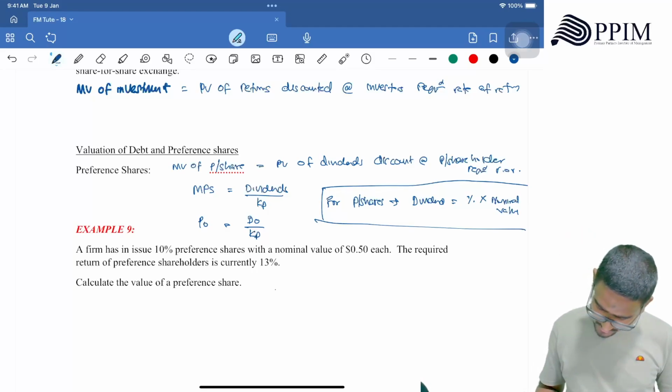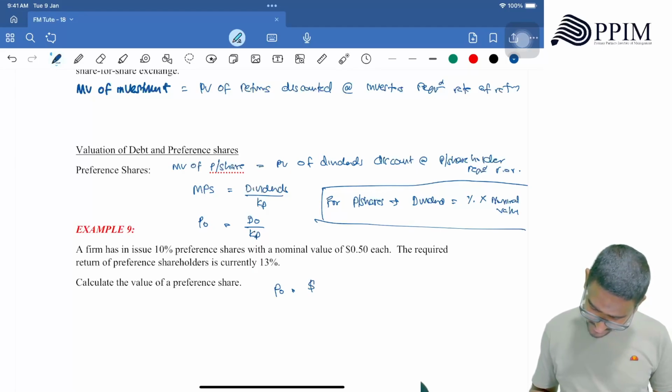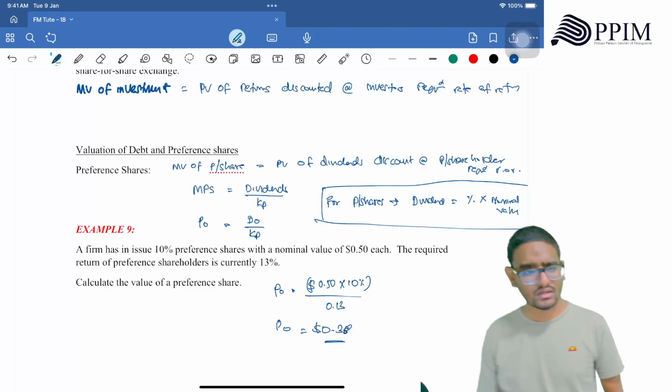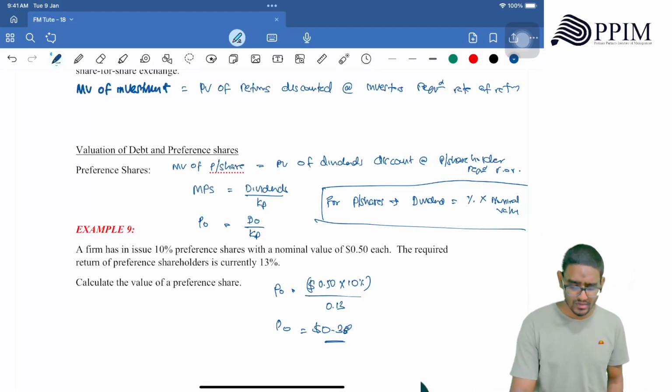So your market price per share is equal to your dividend, 10% into your nominal value, divided by 13%. This you said is 0.38. Should be okay.